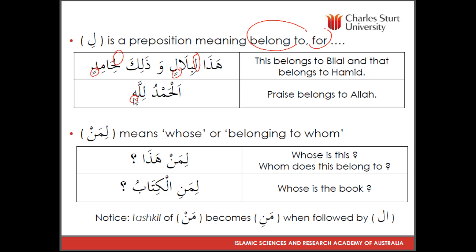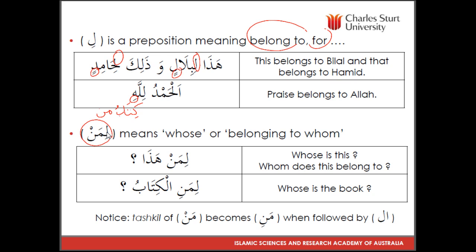For example, you are pointing out a pen and asking liman hada. هذا لي مدرس, هذا لي طالب, هذا لي خادم, whoever. The question is liman. Liman kitabu, book. Again, liman al-kitabu, whose is the book.